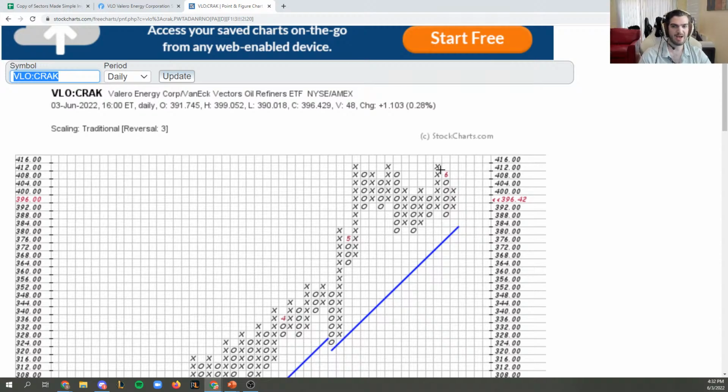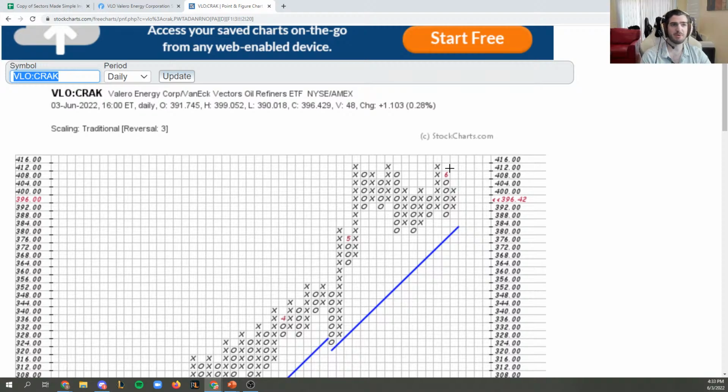Going one column back, there we have our signal, which would be a breakout or a positive trend. So now we have short term, VLO is outperforming the industry ETF. Long term, VLO is outperforming the ETF.